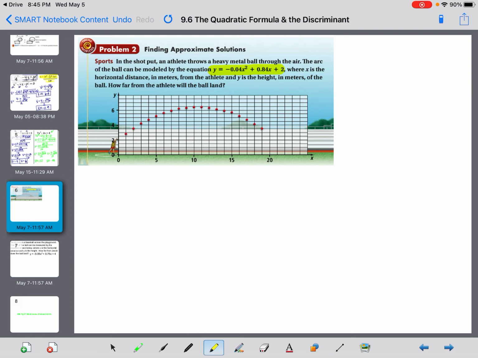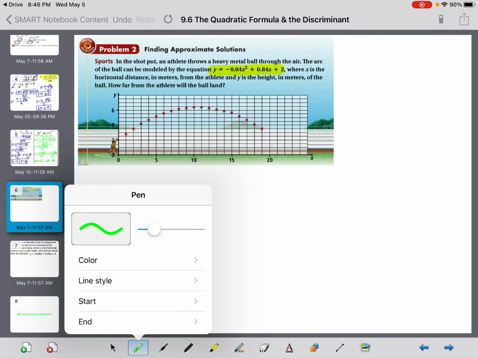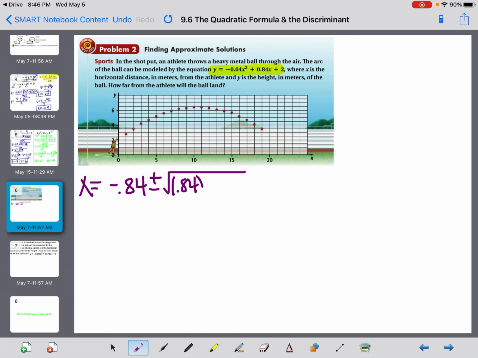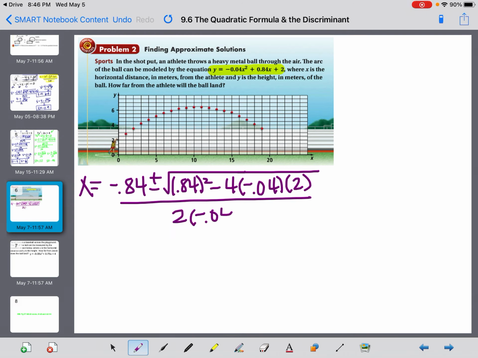Okay, so since we're looking at this horizontal distance, when they say how far, that means we're trying to solve for x, trying to figure out what those x's are. So just solving this quadratic function. Okay, it's already in standard form if we just have a y in there for 0. So now we're going to plug into our quadratic formula. x equals negative b, which is negative 0.84, plus or minus the square root of 0.84 squared minus 4 times our a times c all over 2 times that negative 0.04.